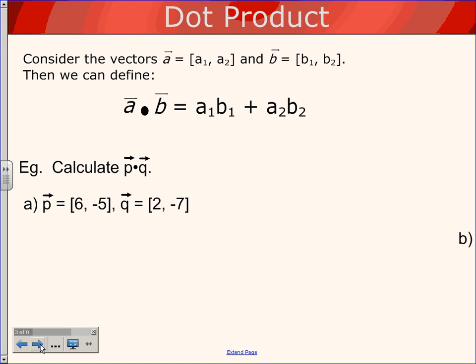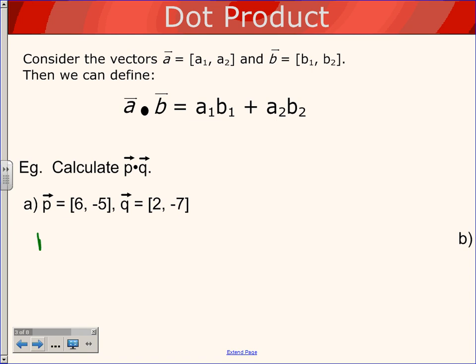Remember we had talked about the dot product originally being defined geometrically as the magnitude of a first vector times magnitude of the second vector times cos of the angle in between. That was the angle in between, assuming they were aligned tail to tail. And then we did that big, difficult proof to show that a dot b could be calculated as a1 b1 plus a2 b2 if we were given Cartesian vectors. And that one turned out to be a little bit more useful for us.